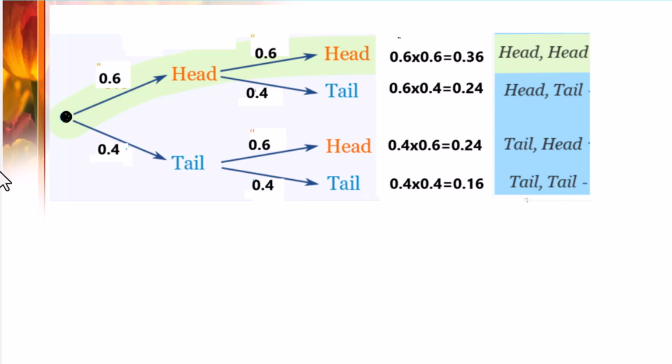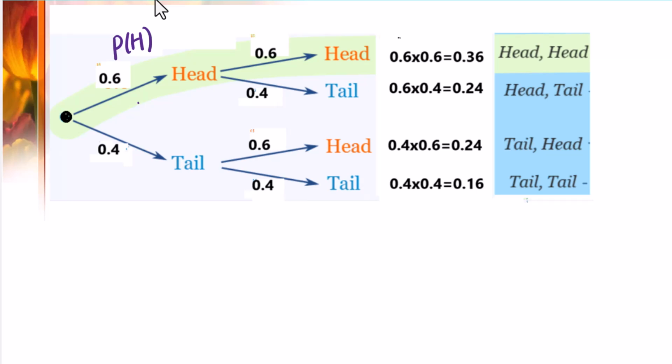Now let's connect the probabilities on the tree diagram with sets. 0.6 means the probability of head.